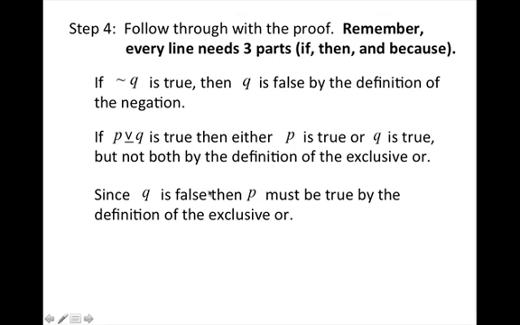Since Q is false, then P must be true. That's what I'm concluding in this line. And my reason was, again, the definition of the exclusive or. When you use the definition of or, you're always going to have two lines in your proof. The first one is just stating that the P or the Q must be true. The second one is showing which one of those is true based on the other information in your proof.